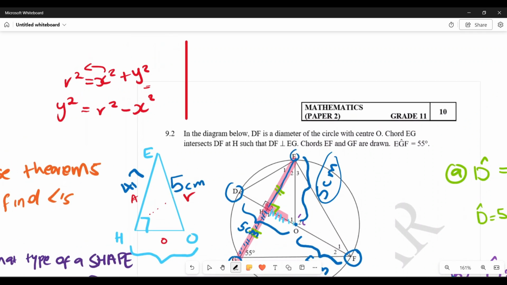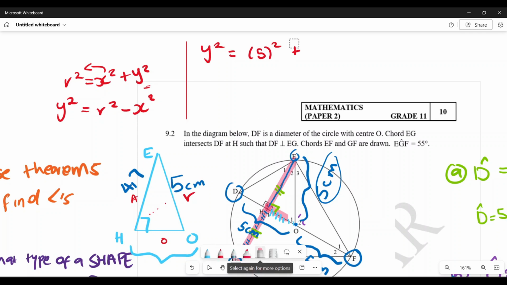Let me write this here. I'm going to continue on the other side. My y squared, which is what I'm trying to determine, is equal to my r, which is 5 squared, minus, so here it's minus, my x squared, which is 4,7 squared. And remember, I'm solving for y, not y squared. So I'm going to square root both sides. As a result, this squared is going to cancel out with the square root.